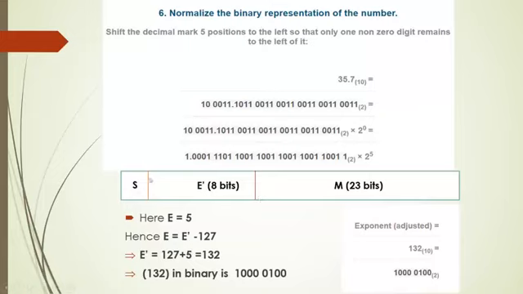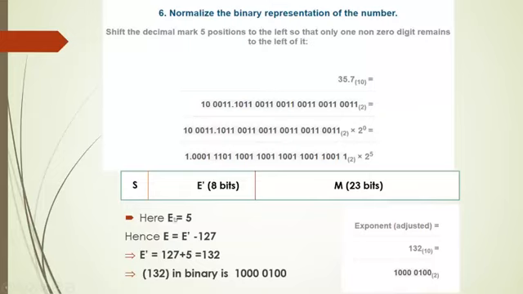Then the next 8 bits represent E dash, and mind that E dash is different from E. E is the exponent and E dash is the normalized exponent. M is nothing but the mantissa. This part is the mantissa, that is 0 0 0 1 1 1 0 1 and so on. The mantissa can be stored up to 23 bits and the exponent can be stored up to 8 bits.